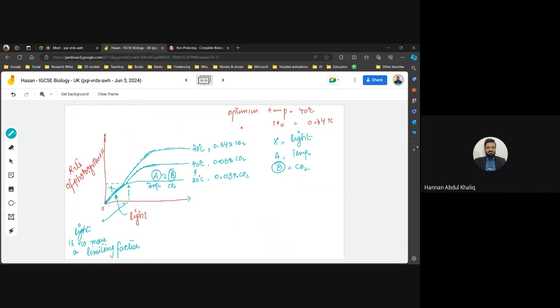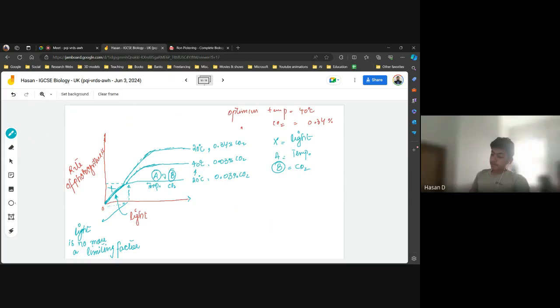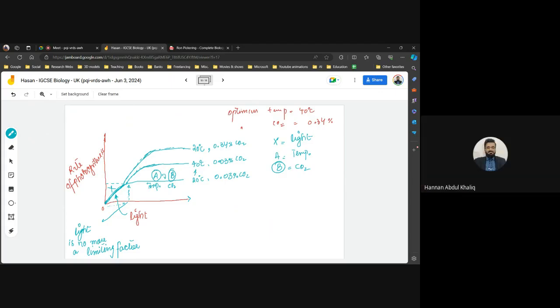If we are not increasing the carbon dioxide but increasing the temperature, the limiting factor would be the temperature. If we are increasing the amount of carbon dioxide but keeping the temperature constant, the carbon dioxide would become the limiting factor. Clear? Yes.